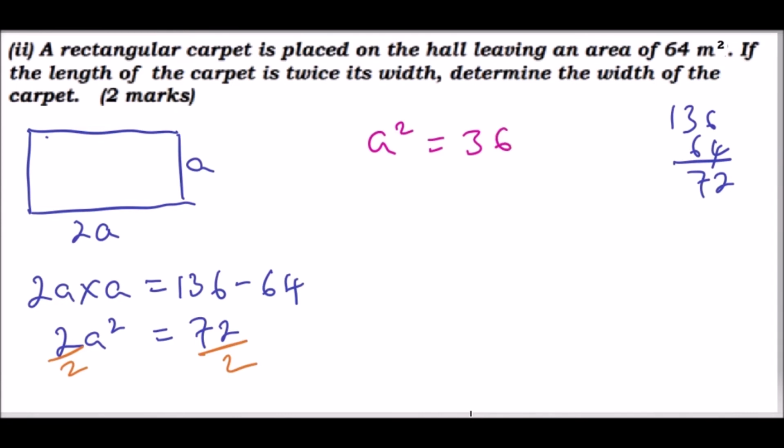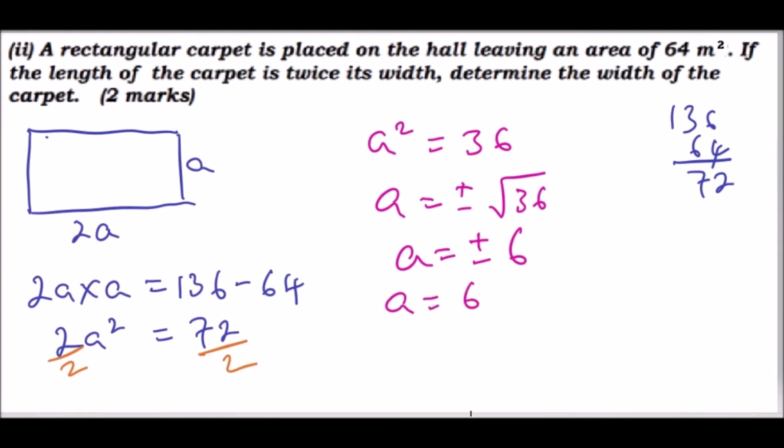So A is equal to plus or minus the square root of 36, which is plus or minus 6. Since length cannot be negative, A is equal to positive 6. That is the width of the carpet, which we have gotten as 6. And with that, you get yourself 2 marks.